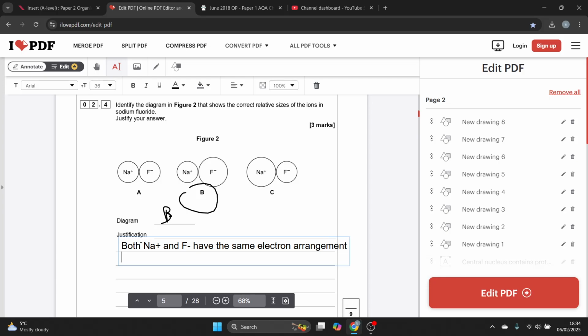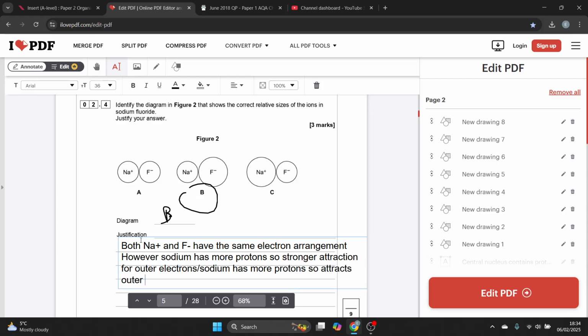However, sodium has more protons, so stronger attraction for outer electrons, or sodium has more protons, so attracts outer electrons closer. So B, because negative ions have larger ionic radius than positive ions. Both Na+ and F- have the same electron arrangement. However, sodium has more protons, so stronger attraction for outer electrons.